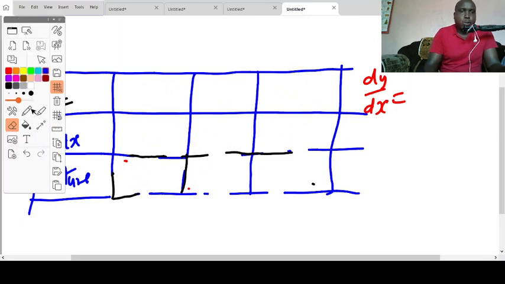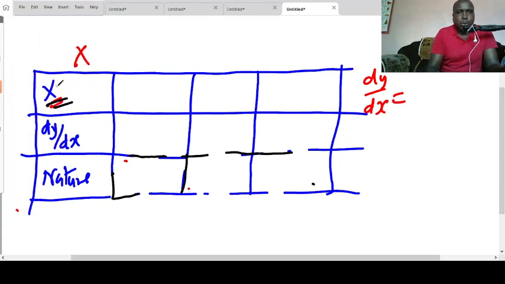So when you are checking the nature, you draw 4 columns actually. The first one will have the value of x, the second will have dy over dx, then the last one is nature. And this one you should have 3 columns, 1, 2, 3.